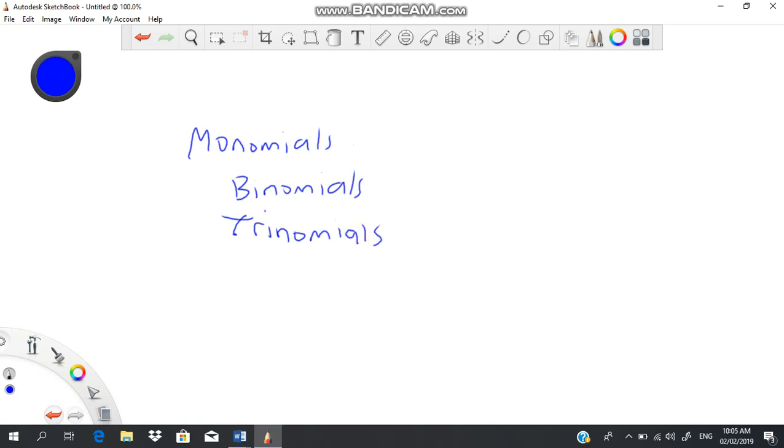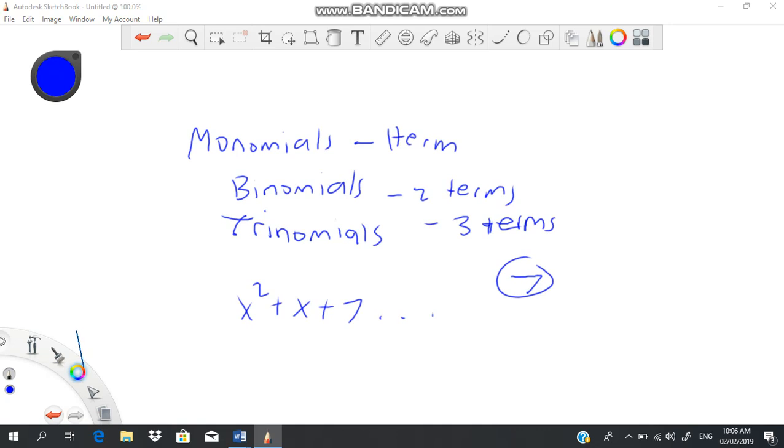Because a monomial has only one term, a binomial has two terms, and trinomial has three terms, and so on and so forth. Now, a polynomial can have an infinite number of terms like x squared plus x plus 7 and so on and so forth. Or it could not have variables at all. This is a polynomial. 7 is a polynomial. It could have no variables and it will still be a polynomial.